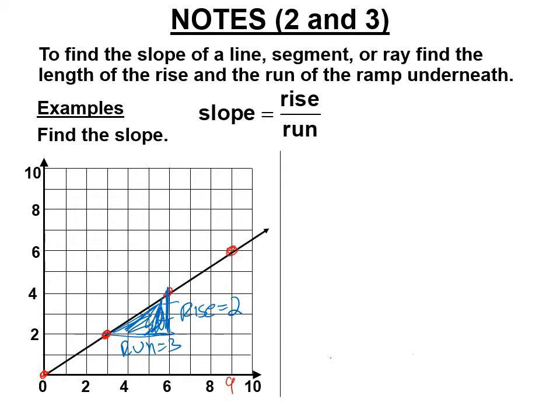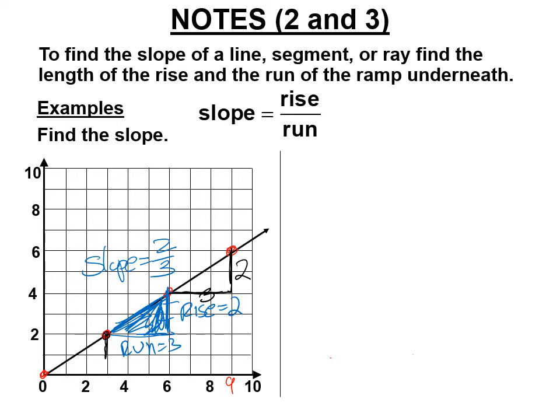And so the slope of that ramp that I just drew is 2/3, and the slope of the ray that lies right on top of it there is also 2/3. Now notice I could have done this other places as well. I could have gone down here and over to the previous one, and I would have gotten the same 2/3, right? I could have done it here.